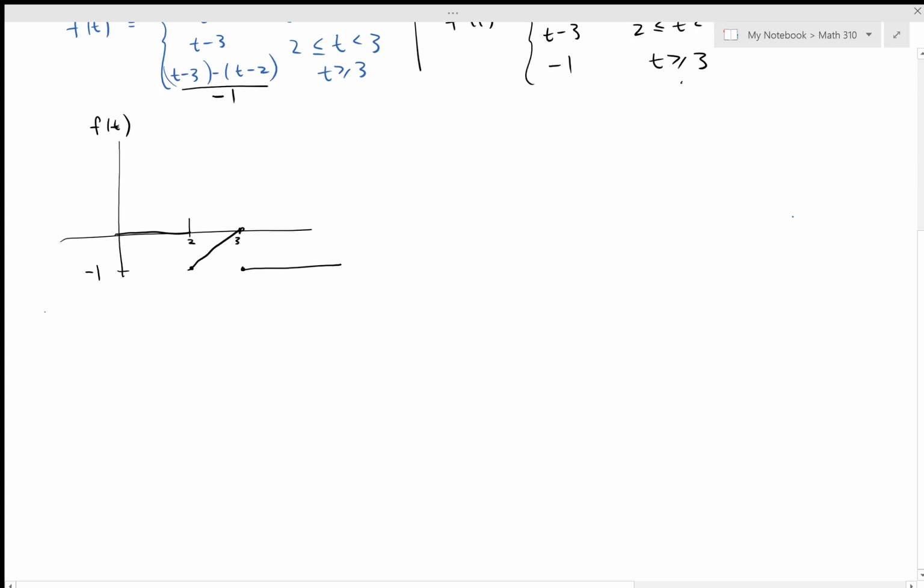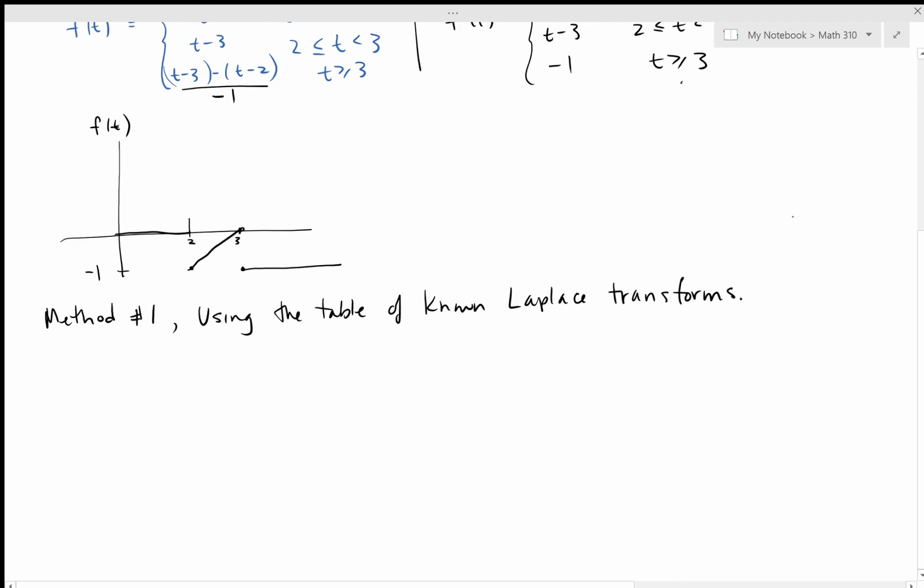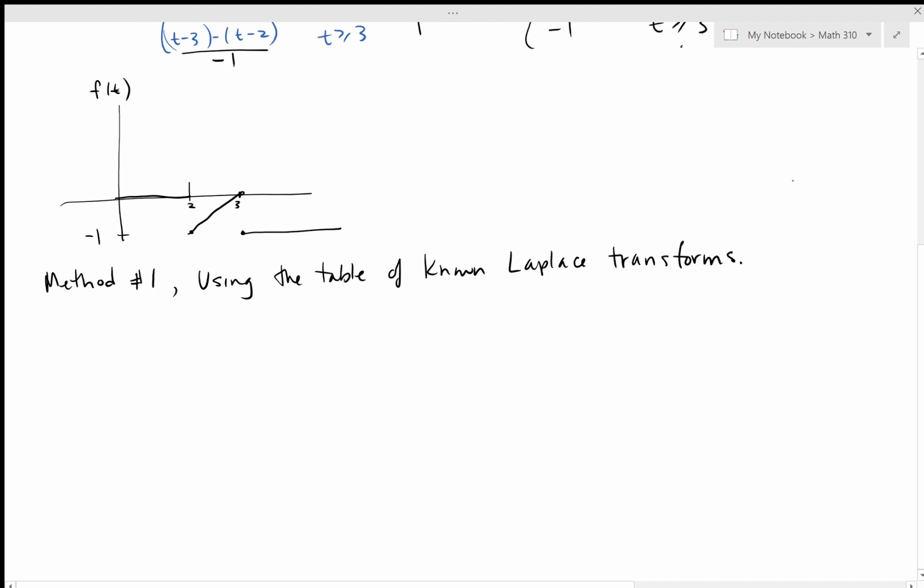So let us take a look at method number 1, using the table of known Laplace transforms. That's going to be our first idea of what to do. Let's rewrite the function so that we have it in front of us.